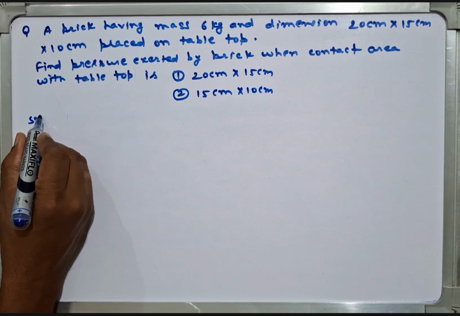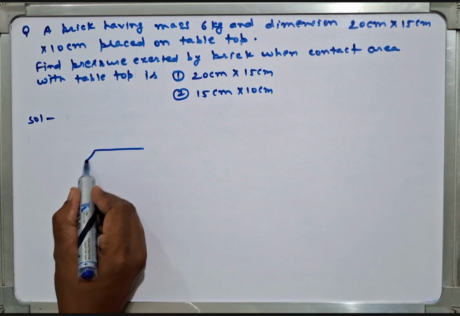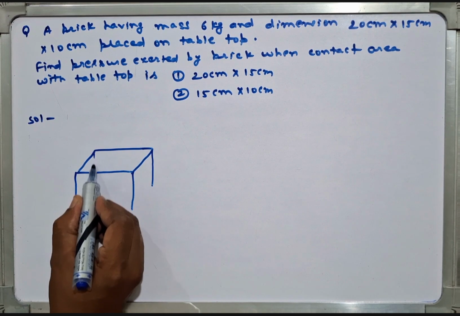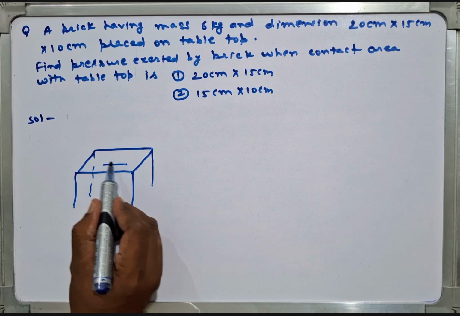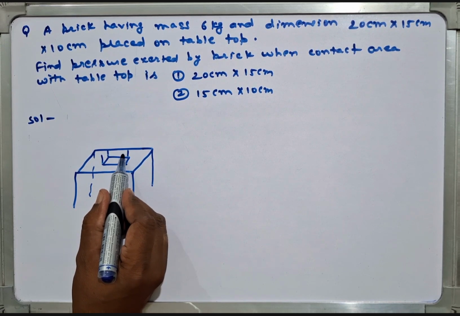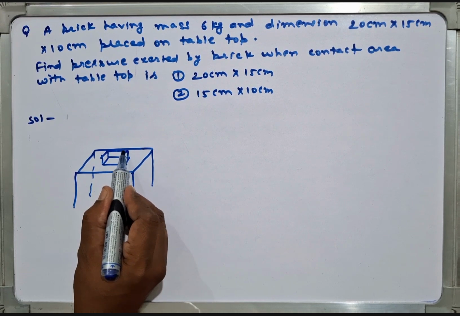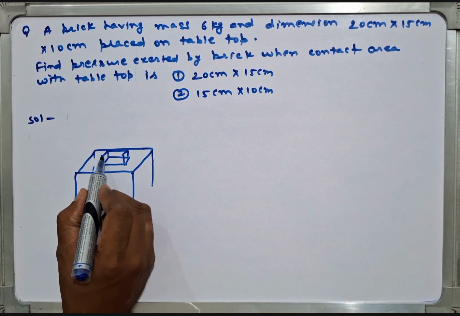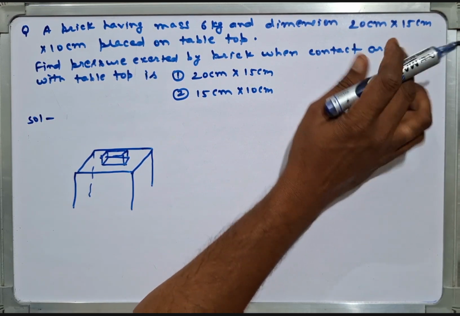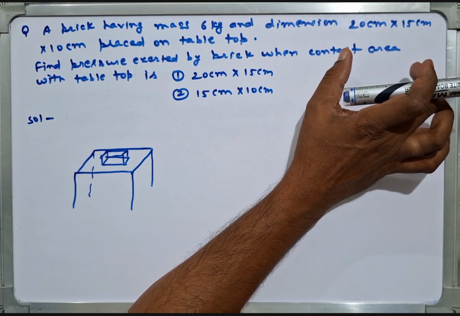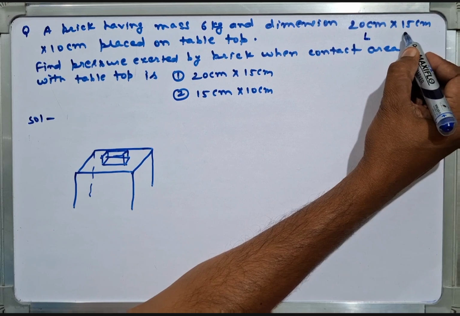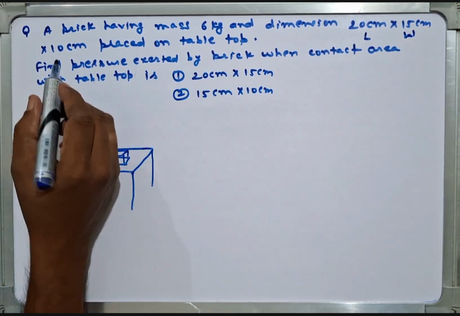Okay, so solution, guys: see, this one is a table, and these are the legs of the table. Now suppose one brick is lying in this orientation. In mathematics, when the dimension is given for a volume, this one is length, this one is width, and this one is height.